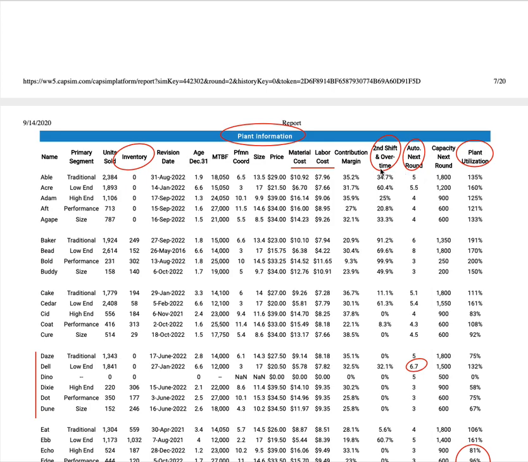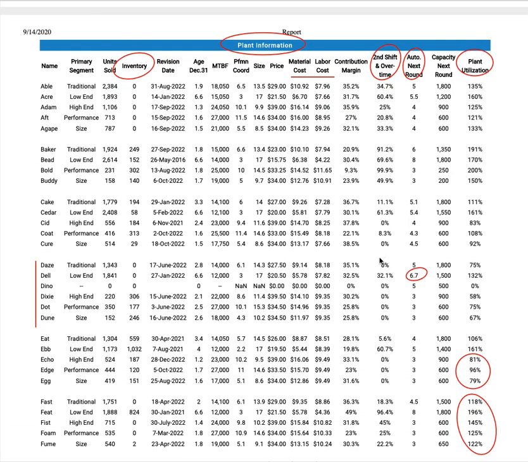Next one is the second shift overtime. You can see some of the teams have a second shift, and for some products, some teams don't have a second shift. So is it good to have a second shift? That's your team's call. One thing I want to mention is that the cost of the second shift is 150% of the first shift labor cost.